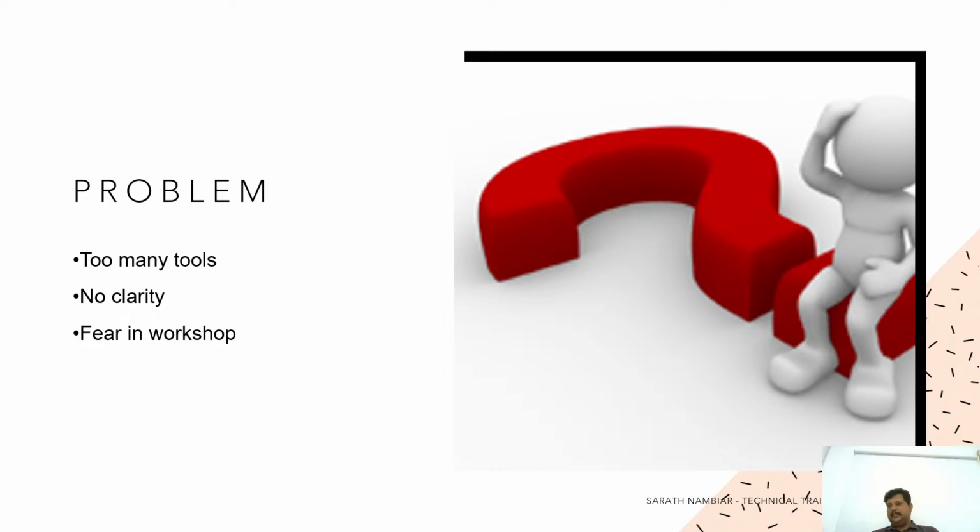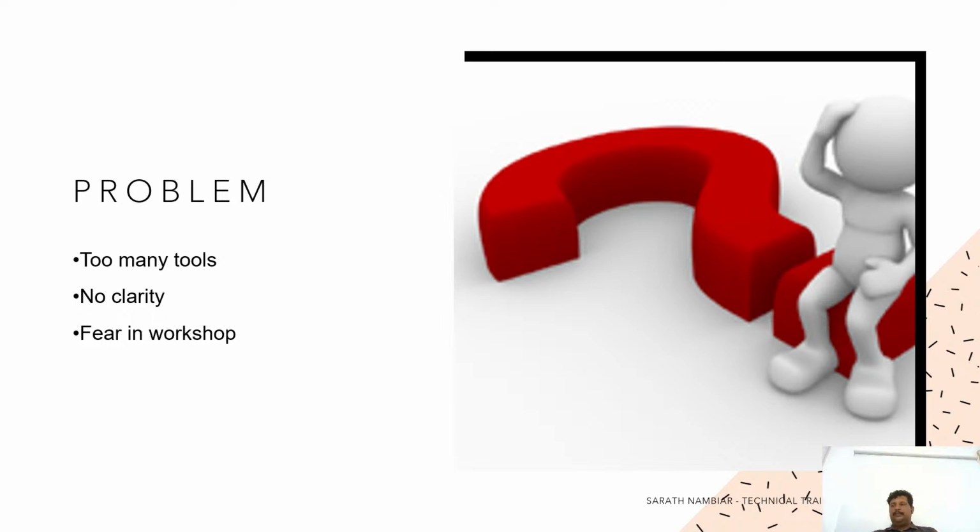Either they guess and take it, or they will avoid the tool completely. They won't use it. Both are very dangerous. Guessing can damage a job, and fear will stop your learning. So today we are going to remove these confusions and the fear. We are going to make it simple, logical, and practical.